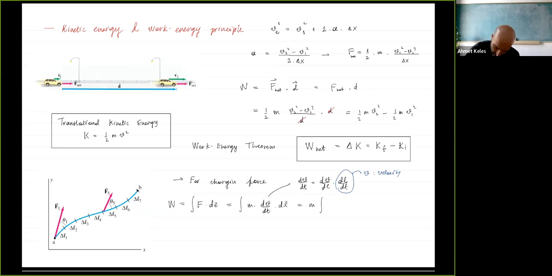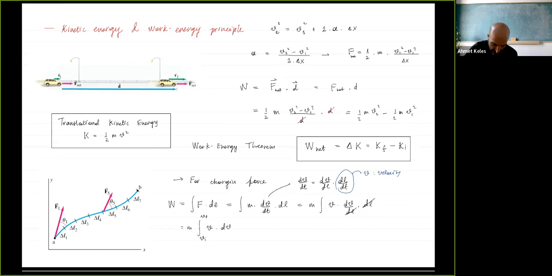This is equal to V times dV dl times dl. I can cancel these dl's, which amounts to changing the variable in the integral. So this integral is m times v times dv from initial vi to final v final.